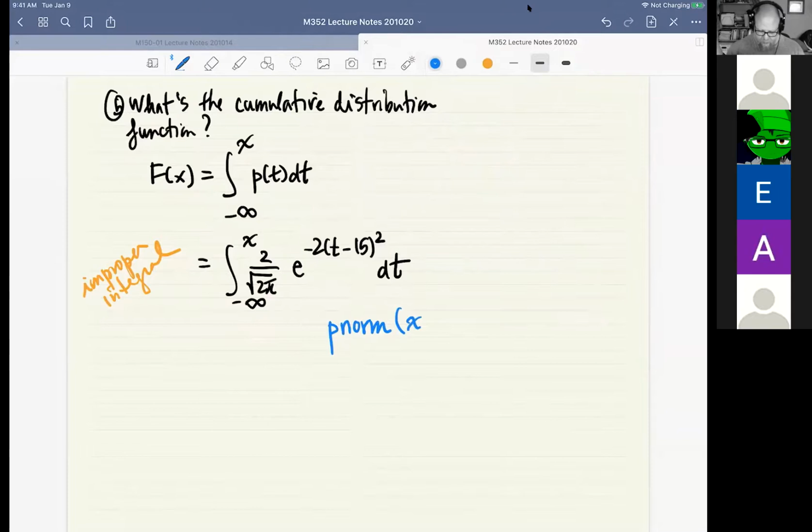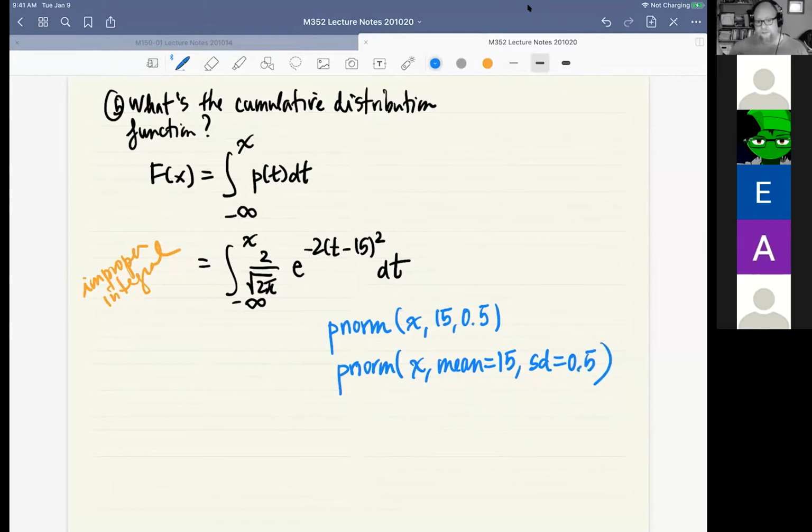In this case, pnorm of x comma, you could write 15 comma 0.5, but I believe you could also write it including the mean and the standard deviation symbols, and it knows what that means. Of course, this is easier for you to understand in the future when you go back and look at your work.